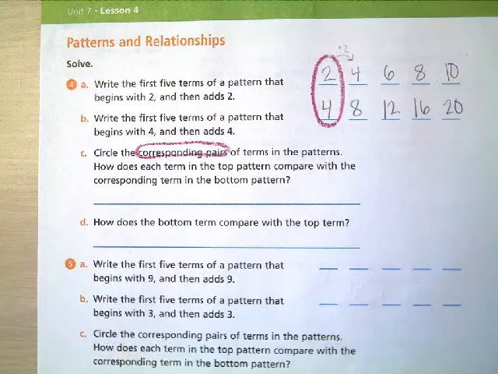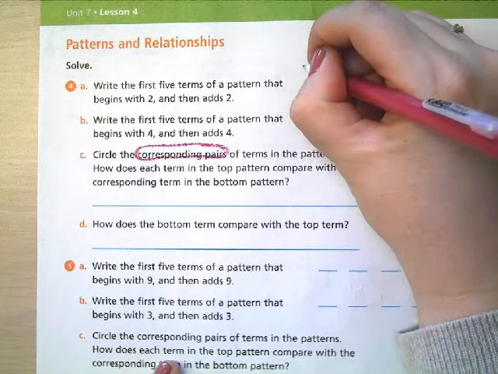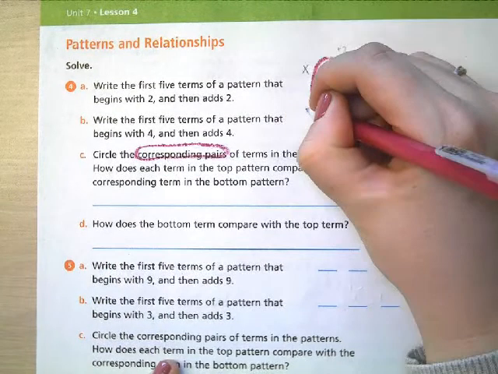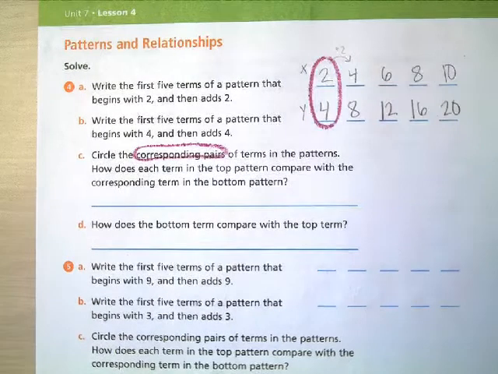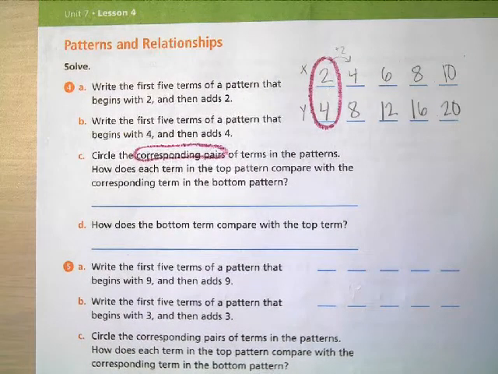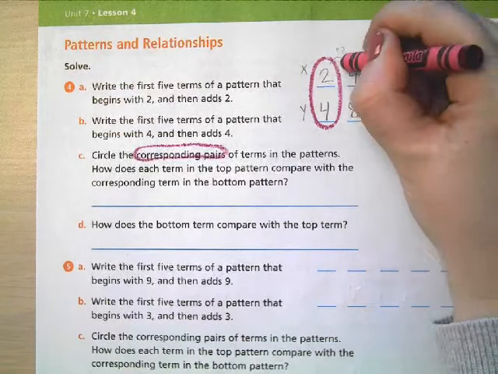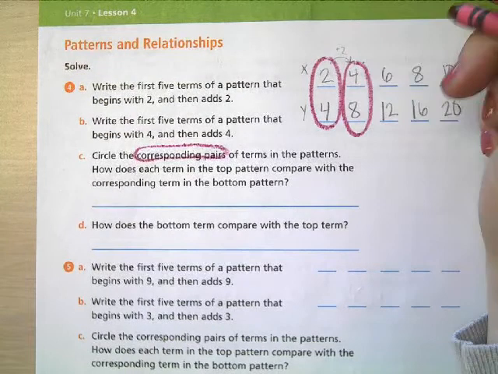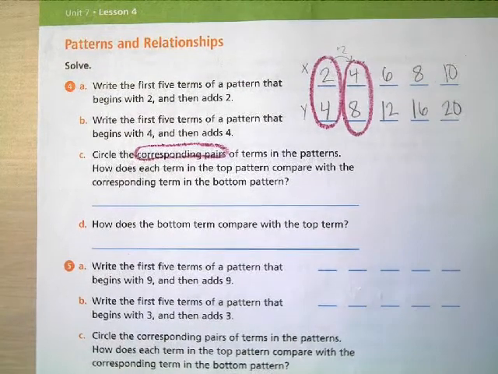It's always one X and one Y. So a corresponding pair in this situation looks like this. The top line would be my X. The bottom line would be my Y. So that's one set of corresponding pairs.